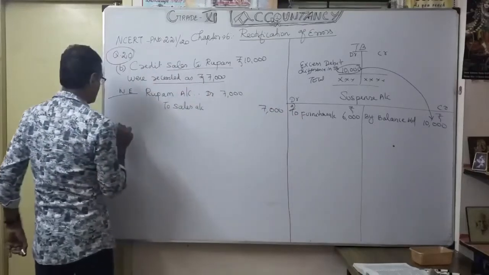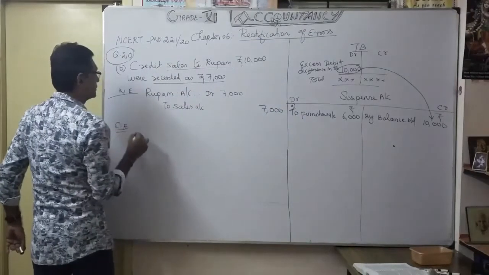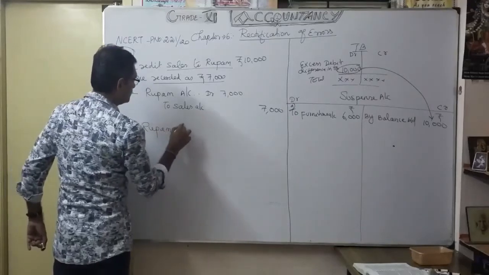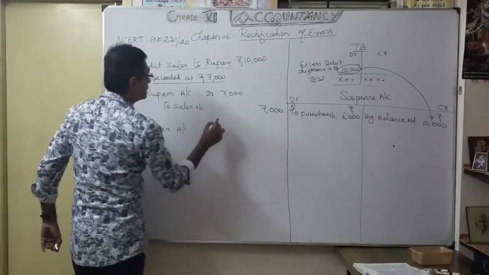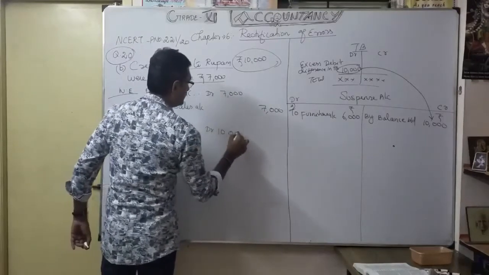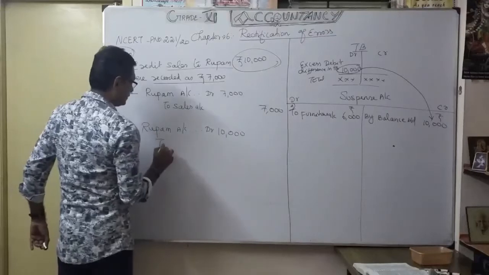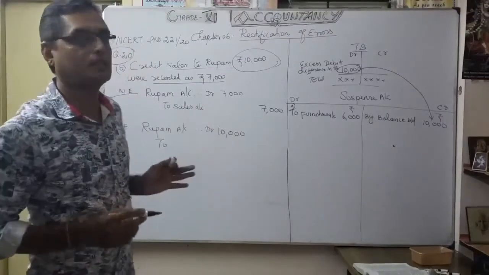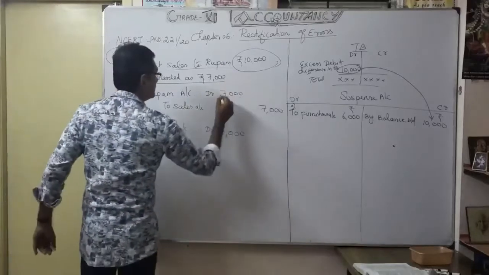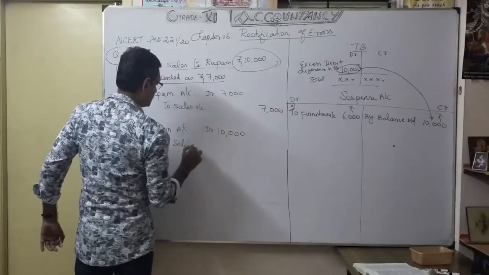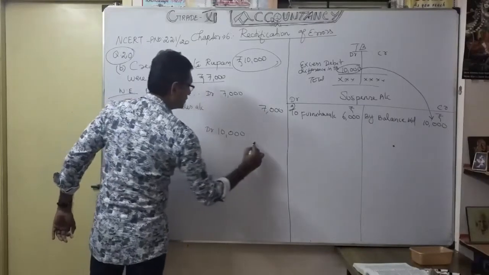So what is the correct entry? Again Reuben account debit 10,000. Here only the amount is the problem. The entry is correct, but instead of 10,000 they entered only 7,000. Reuben account debit to sales account, 10,000.